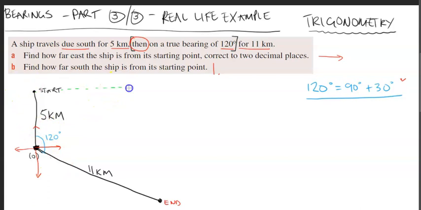Yes, yippee. Okay, so how far along east has it gone until it matches up with its endpoint? Let's just assume it ends there. Okay, so the endpoint here. So we're getting this distance from here to here, and that's going to be for A. And then B is how far south the ship has gone from its starting point.